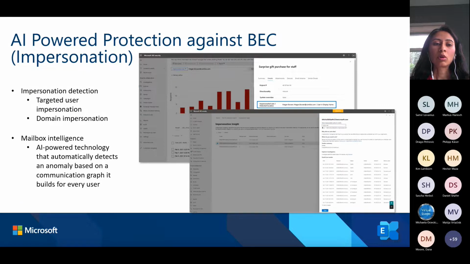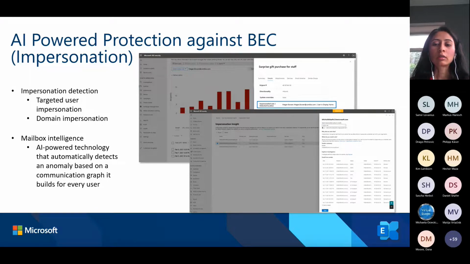So one thing I'd like to call out here is a key difference between mailbox intelligence and the targeted user impersonation protection: mailbox intelligence learns the communication patterns, whereas the targeted one does not. So, for example, if you think about Satya Nadella, Microsoft CEO, he is not going to be on my frequent contacts list because I only get email from him very infrequently and I never respond anyway.